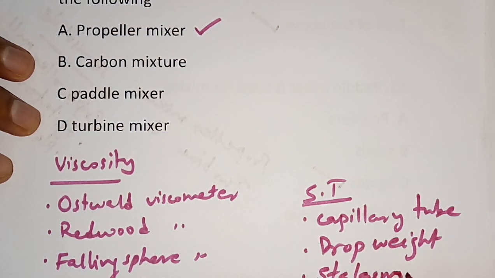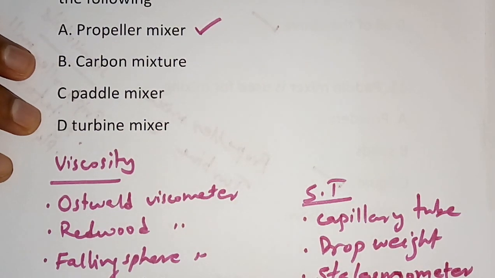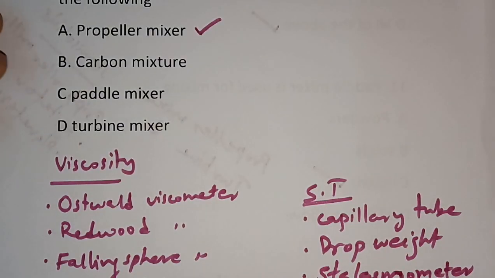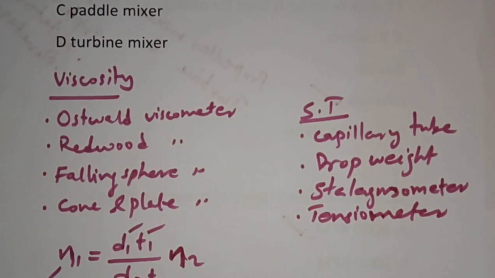This is important, as in some of the questions I saw this name, stalagmometer. You have to learn it by heart. Then the last one is the tensiometer. The name itself has tension in it. These are the different methods to find out surface tension.